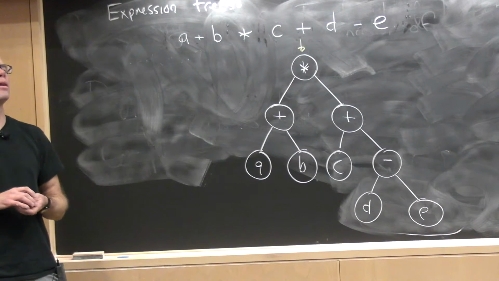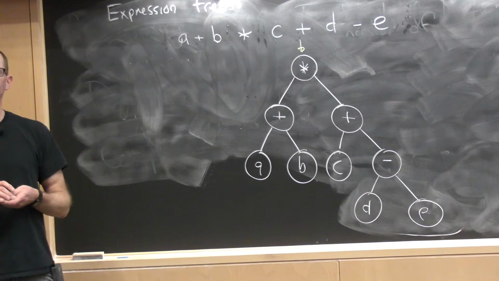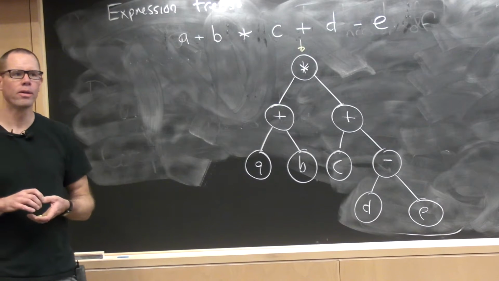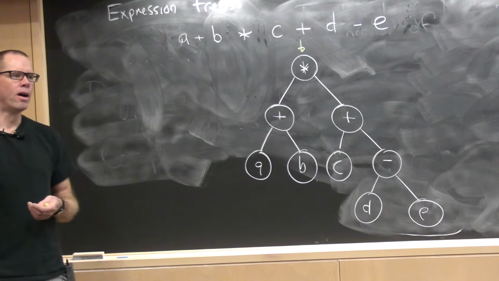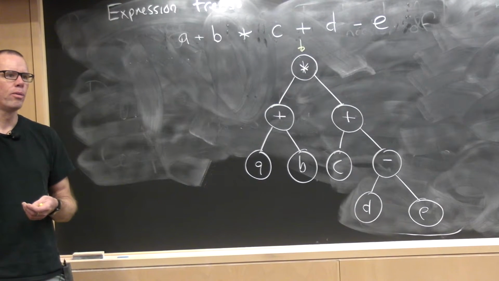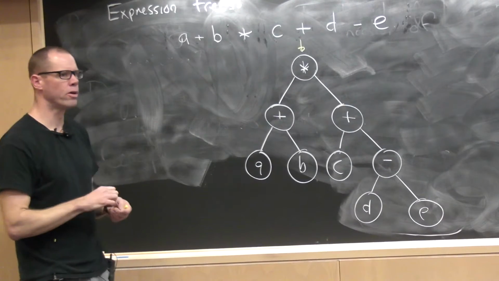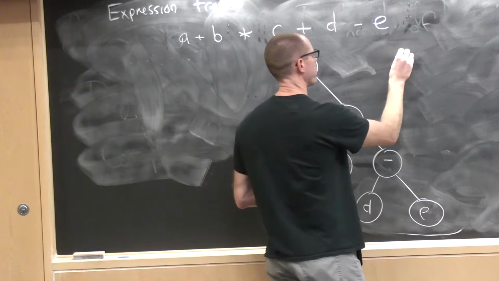Perform the operation on the node, on the what? To evaluate a node, we need to perform the operation at that node on the result of evaluating the two subtrees. So it's a recursive algorithm. So there's basically two cases.